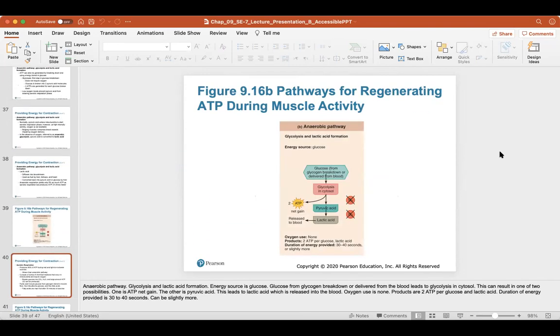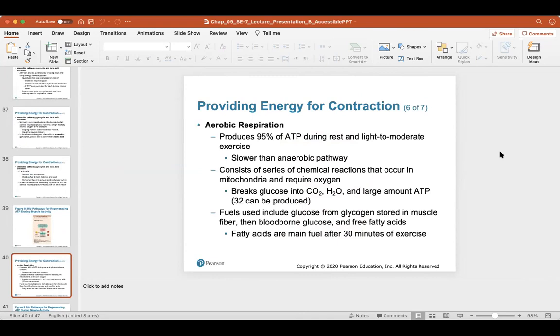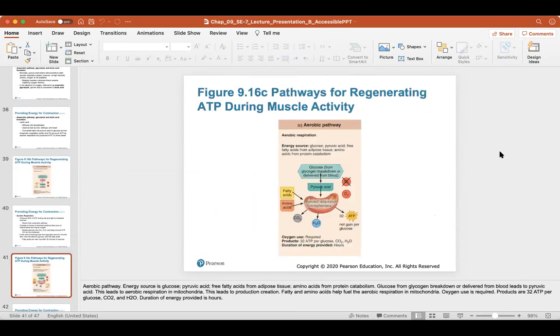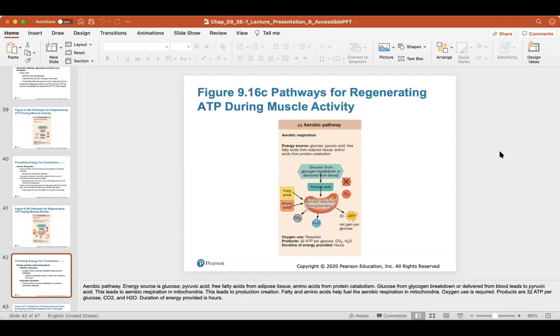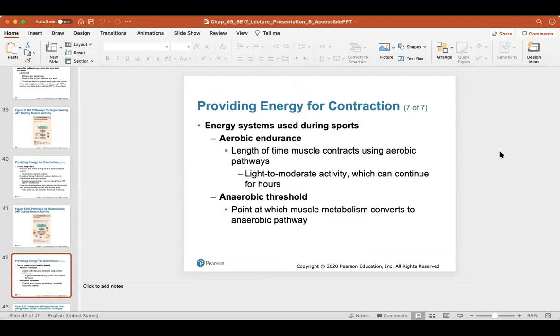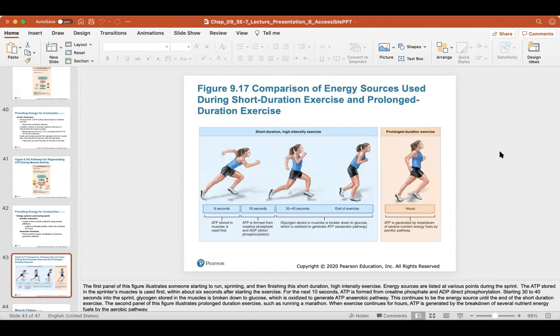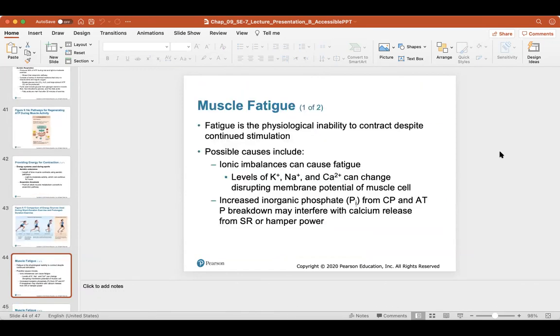And we're really going to talk about the aerobic respiration pathway when we get to digestion, because we'll talk about especially how ATP is produced, not only for muscle contraction, but also for other areas in the body. Here's just a comparison of energy sources used during short-term exercise and prolonged duration exercise.